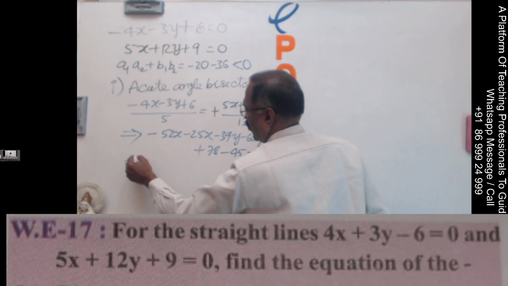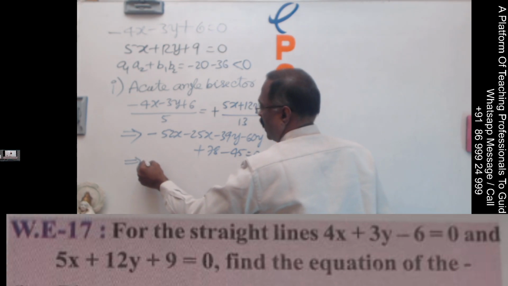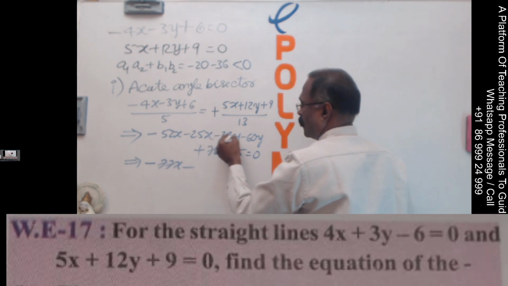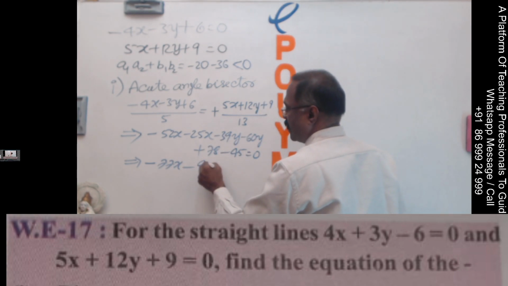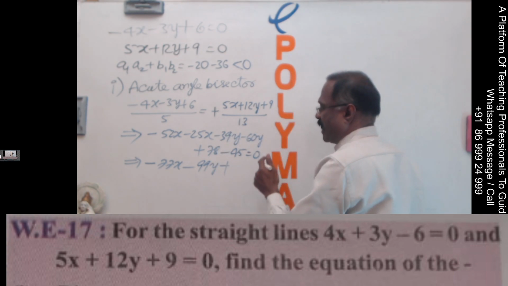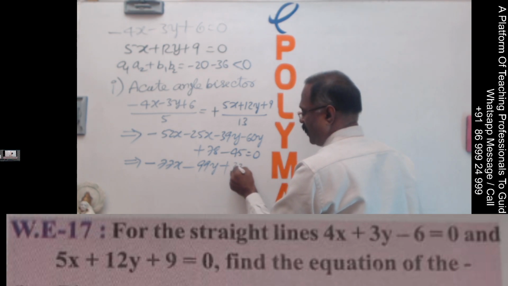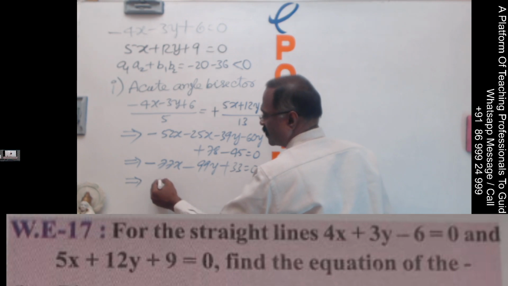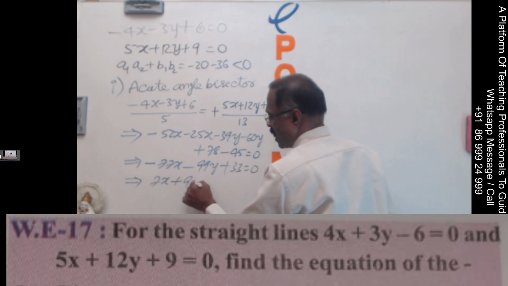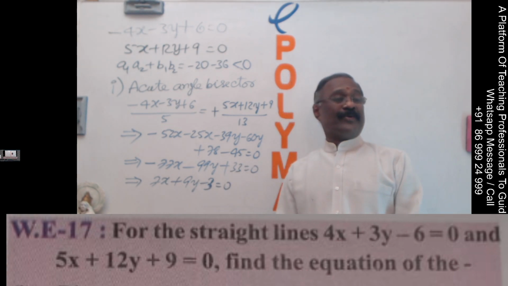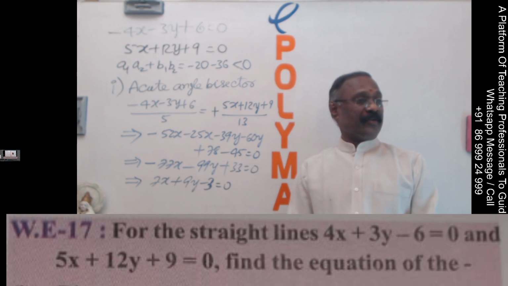So the equation is minus 77x minus 99y plus 33 is equal to 0. Divide with minus 11: 7x plus 9y minus 3 is equal to 0 is the acute angle bisector.